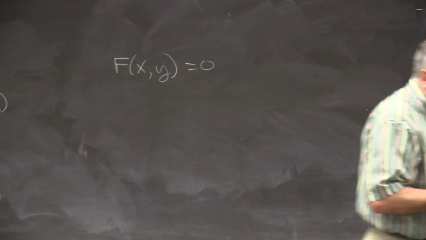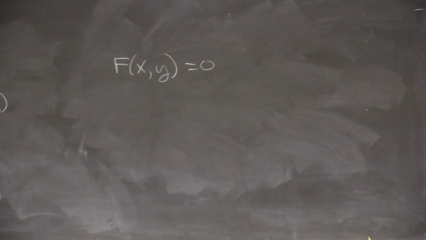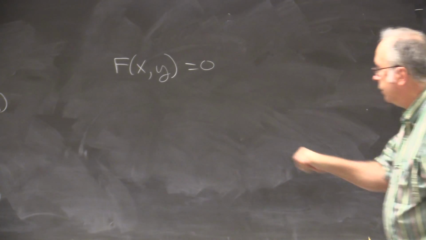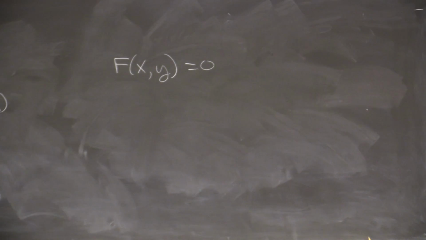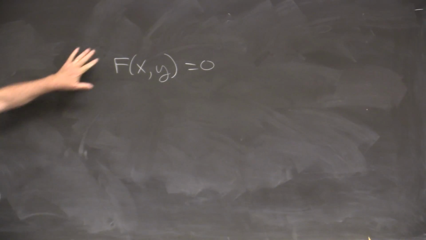If you take the total differential of this equation, what do you get? What's the left-hand side? In general, how would we write out the total differential of this?